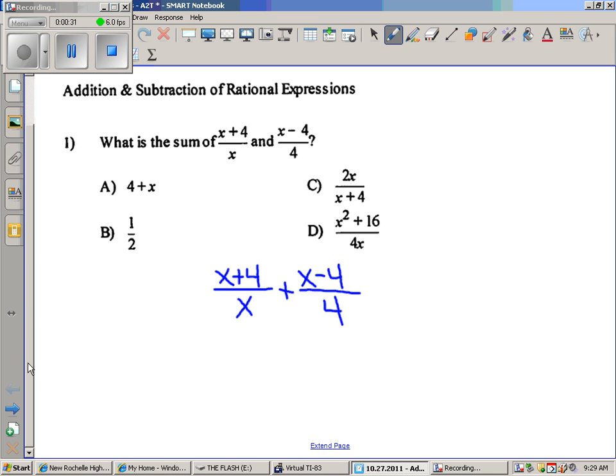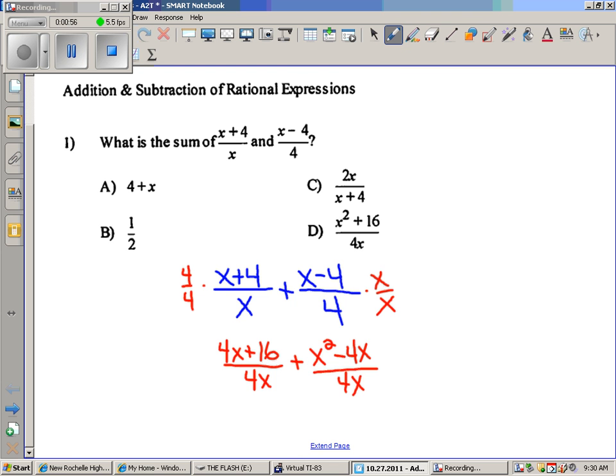4x, nice. So I'm going to multiply this one by 4 over 4, and I'm going to multiply this one by x over x. And so you distribute that inside, you get 4x plus 16 over 4x, plus x squared minus 4x over 4x.